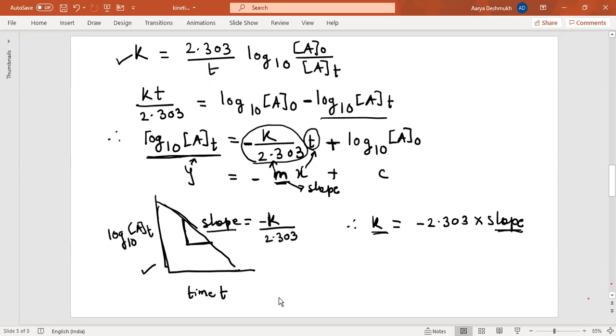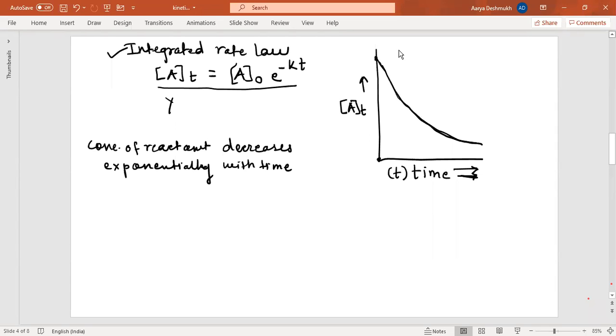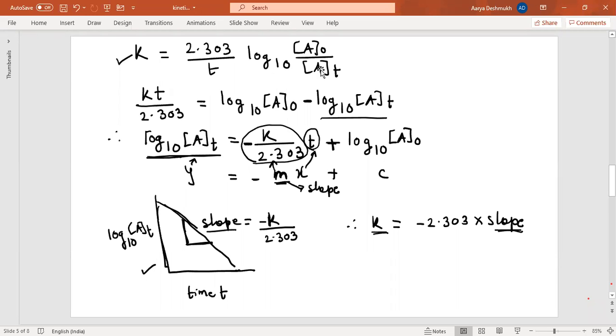The same thing we did for the integrated rate law here also, but we wrote this equation in a different form and we got this type of graph. Now this is the third way you can represent the first order reaction.